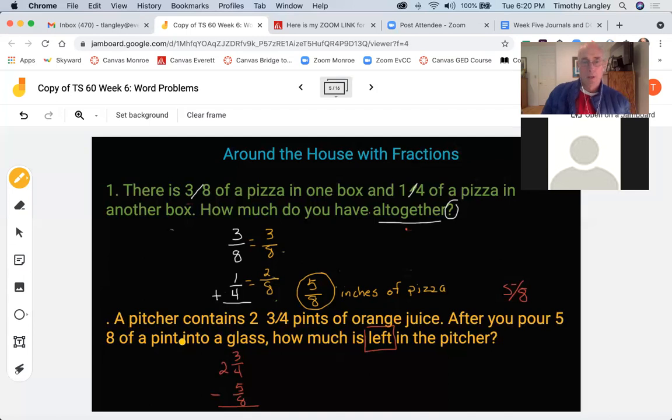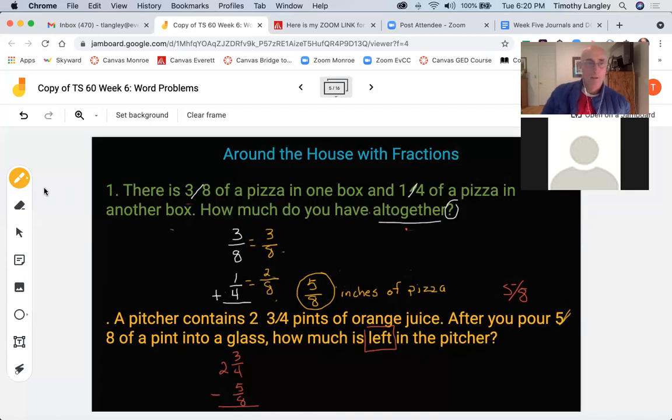A pitcher, sounds like a water pitcher, contains 2 3/4 pints of orange juice. Boy, that sounds good right now. After you pour 5/8, this should be 5/8, okay? 5/8 of a pint into a glass. How much is left in the pitcher? Okay?